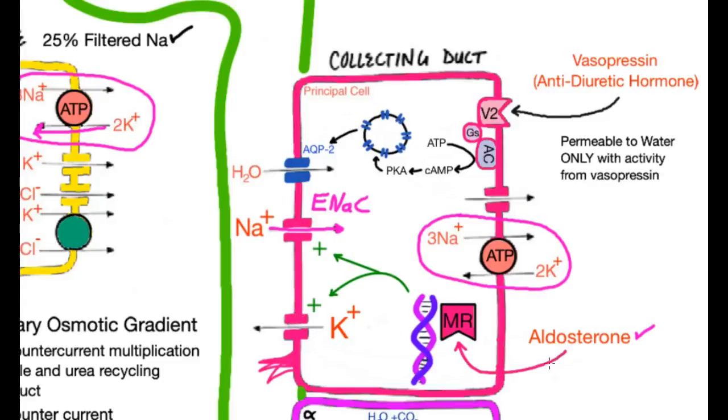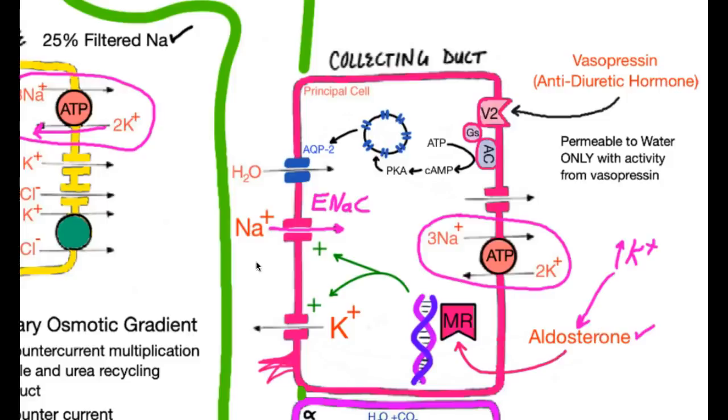So in the presence of aldosterone, all of these channels will be more active and more present, and the cell will be more energetically active. And so high potassium, hyperkalemia, will stimulate the production of aldosterone. Okay, so this alone stimulates aldosterone. And also remember, aldosterone is produced as a downstream effect of the renin-angiotensin system.